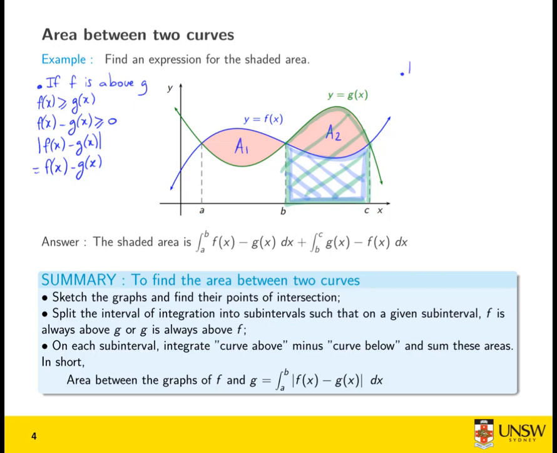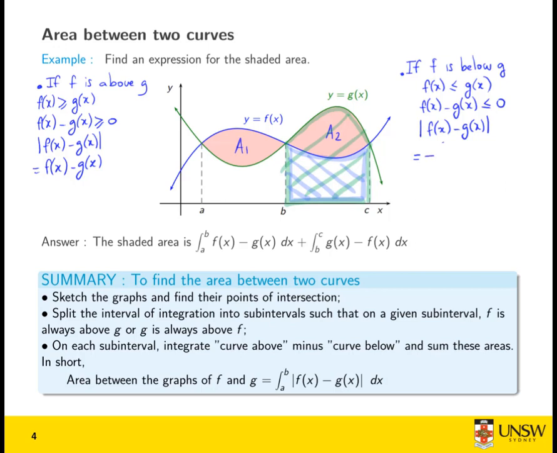Let's now assume that f is below g. That means that f of x is less than or equal to g of x, and if we subtract g of x from both sides, same thing, we get the fact that this is a negative number or equal to 0. Therefore, if you take the absolute value of this number, which is negative or equal to 0, you will get its opposite.